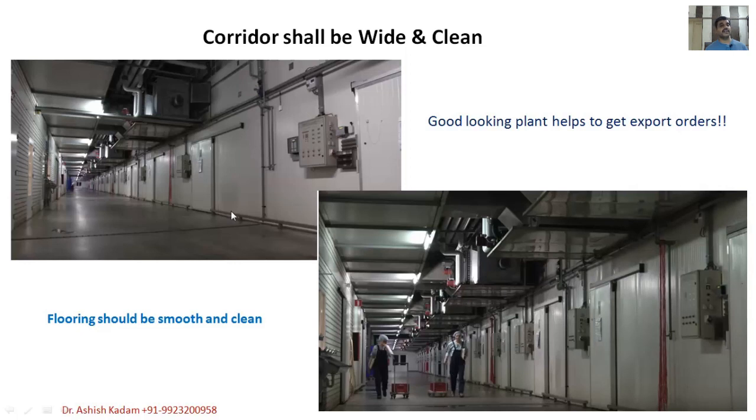If you can design the plant this way, then naturally you will get better export orders. Export orders basically depend on your certification, the standard operating procedures, the cleanliness practices, and the reliable, uniform quality of the produce which you are cultivating in your farm.